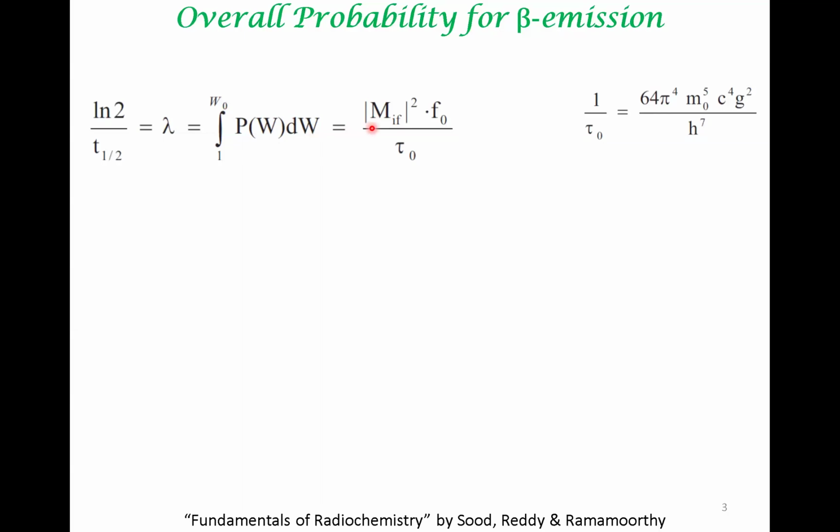So that can further be written in this manner. You have to connect the last expression from the previous slide to this expression. Here we have collected all the fundamental constants into 1 by T naught. So this is all just a constant.